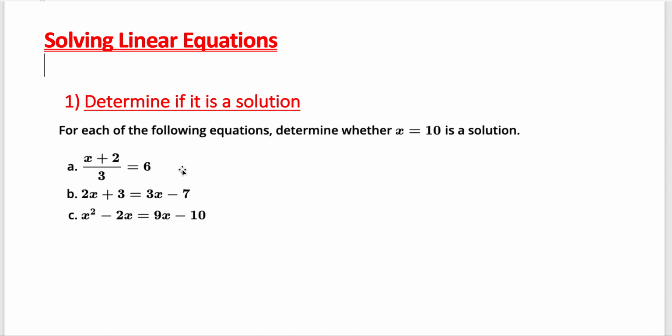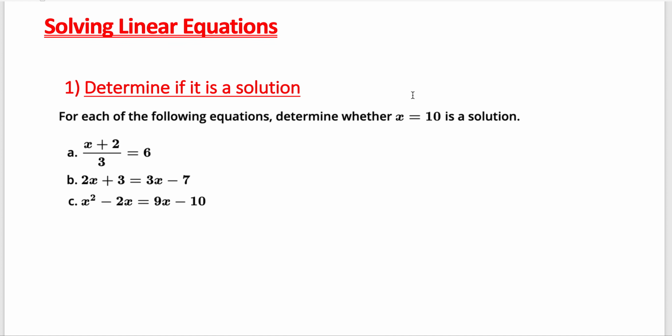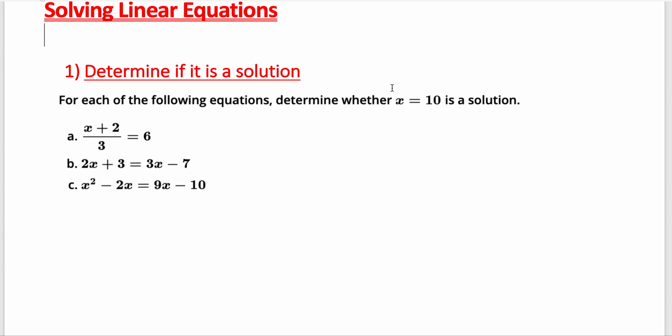Some of you might be able to do this in your head, but I'm going to do it step by step because the purpose of the video is to explain how to do it. And as I said, if you're okay with this, then go ahead and jump or put me to speak very, very fast so that you don't have to listen to everything I'm going to say here. Okay, so I'm going to do A first.